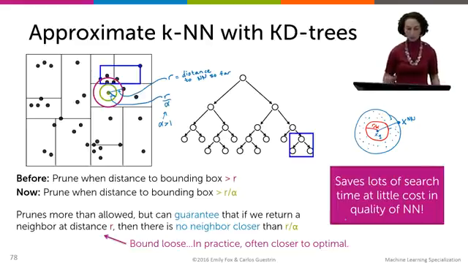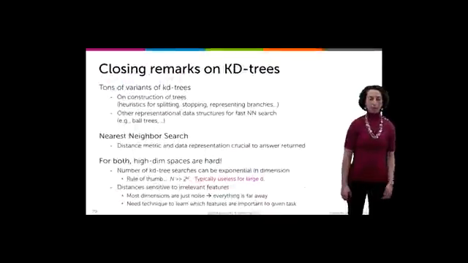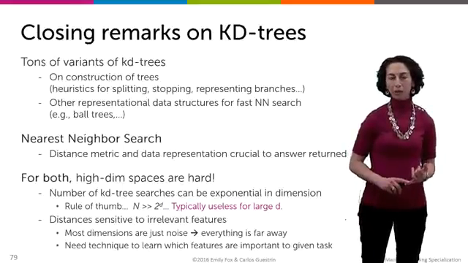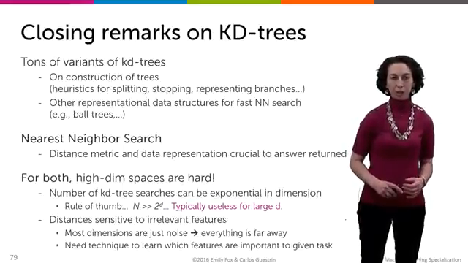Okay, so we're going to talk a lot more about alternative ways to do approximate nearest neighbor search, in ways that also scale better with higher dimensions. But within the context of KD trees, this is a very effective way of performing approximate nearest neighbor search. So to wrap up on KD trees, first I want to say that they really are a very cool and efficient data structure.